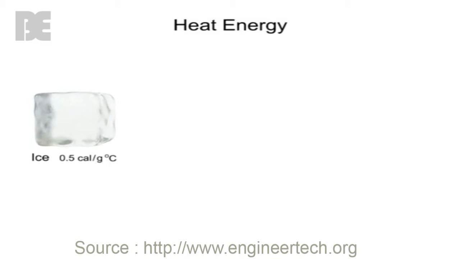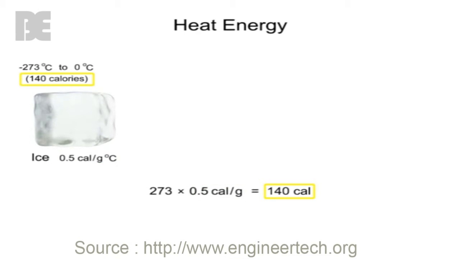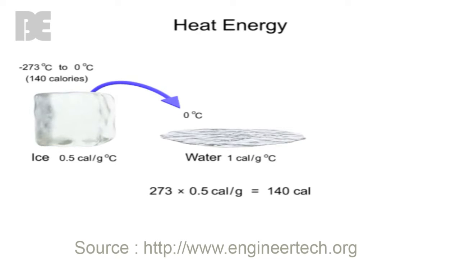To warm 1 gram of ice from minus 273 degrees Celsius to 0 degrees Celsius would be 273 times 0.5 calories per gram, or about 140 calories. The phase change of 1 gram of ice to liquid water requires 80 calories.